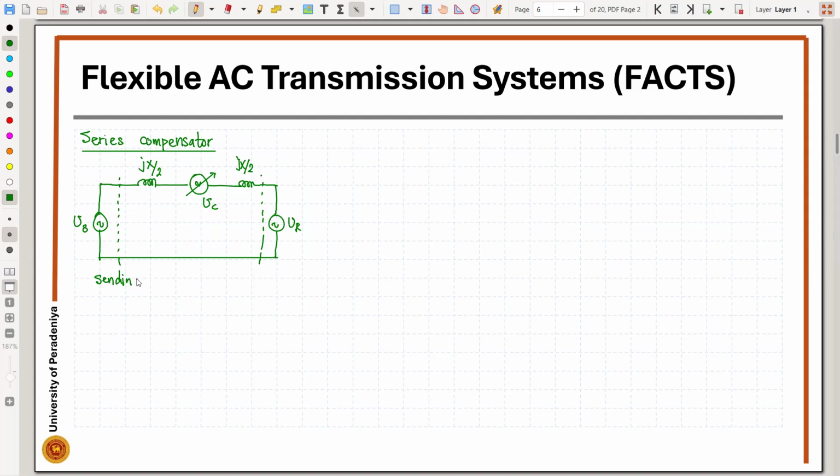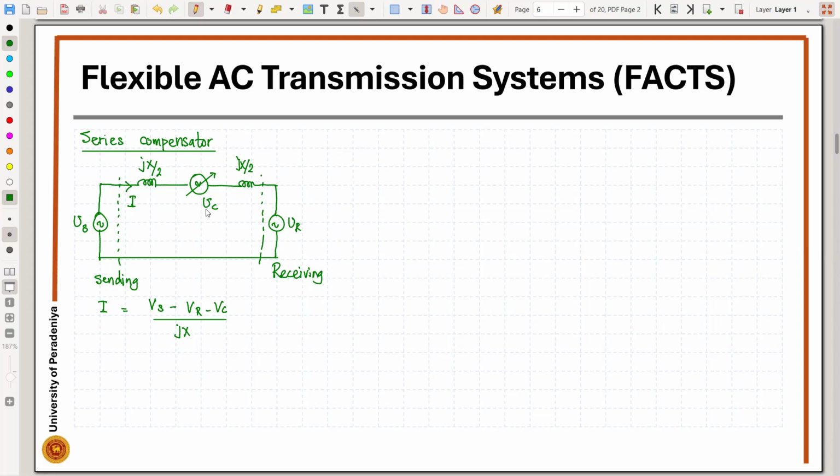Now the current would be Vs minus Vr minus Vc divided by jX. Based on the voltage that we introduce, the current flowing can be controlled, and thereby we can control the power transfer capability.